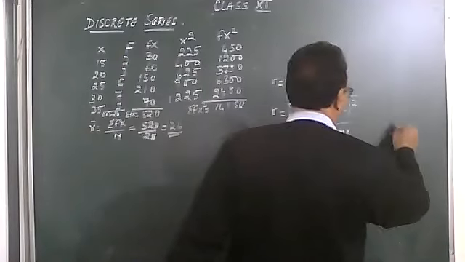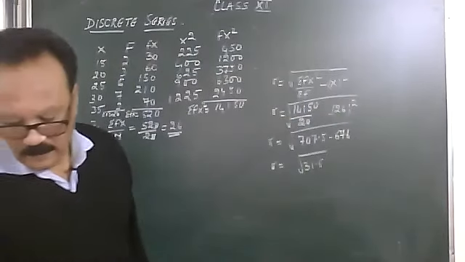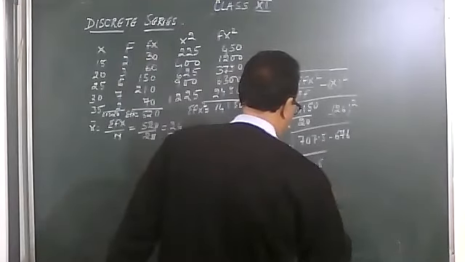Take it in the rough column, find the root of 31.5. 31.5 will be roughly about 5.61.